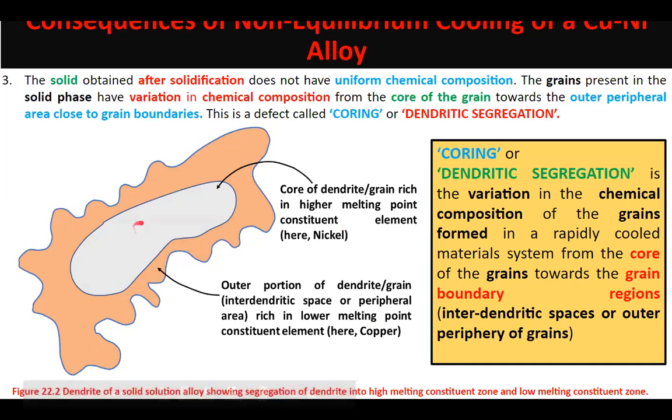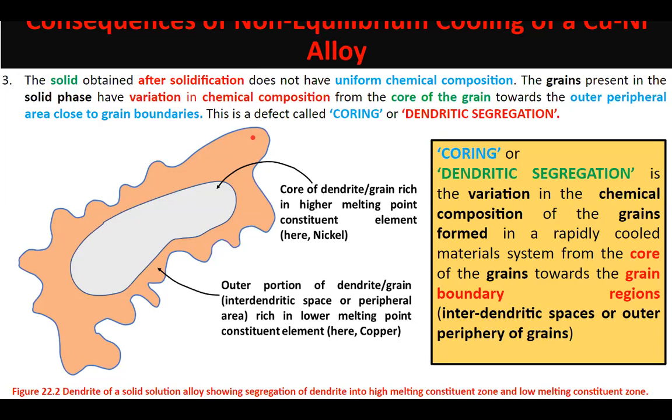The initial nuclei and dendrites were of higher melting point nickel, and the later part of the dendrite that is getting formed is of lower melting point constituent. If diffusion is not able to complete, in that solid you will see that the core of the grains is rich in the higher melting point constituent of the alloy, and the regions close to the grain boundaries or the outer fringes of the dendrites are rich in the lower melting point constituent.